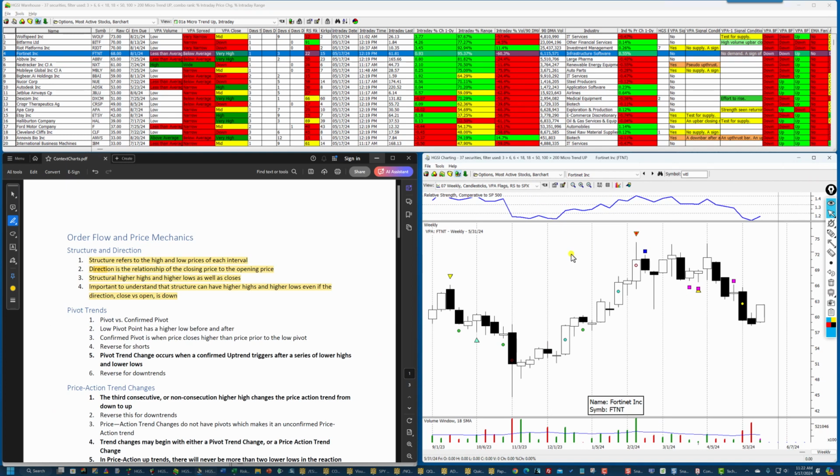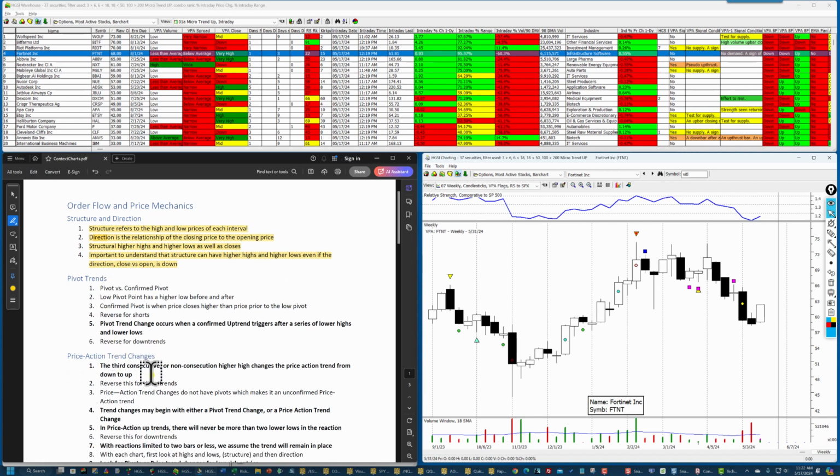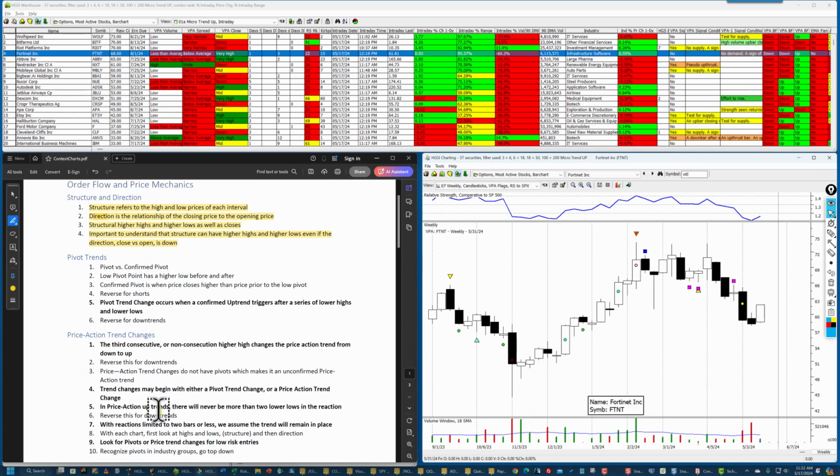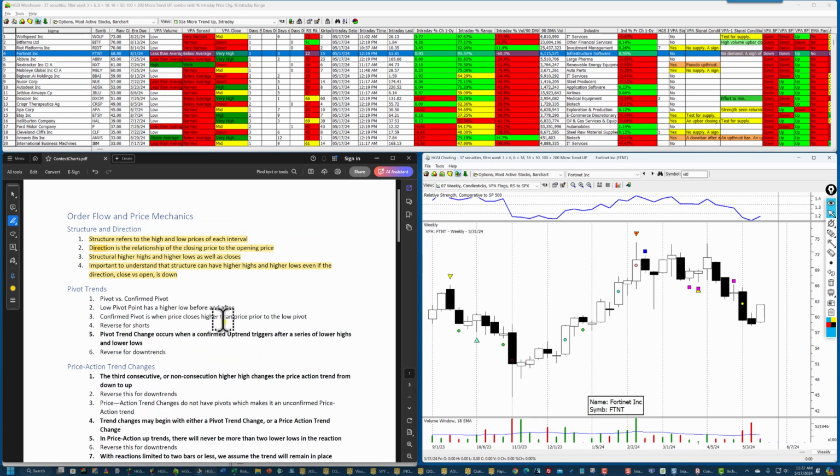I'll elaborate on all this as we go forward, covering pivot trends, price action trend changes, and then we'll get into order flow and market sentiment. But these are key to determining trends and when we should either buy or sell a stock based upon this information. It can be very confusing, no question about it, but it can also be very helpful.